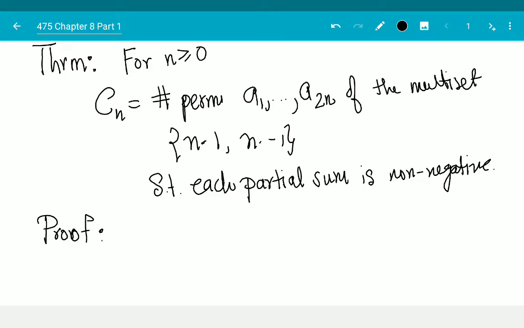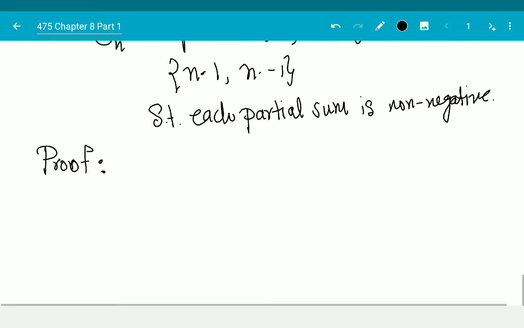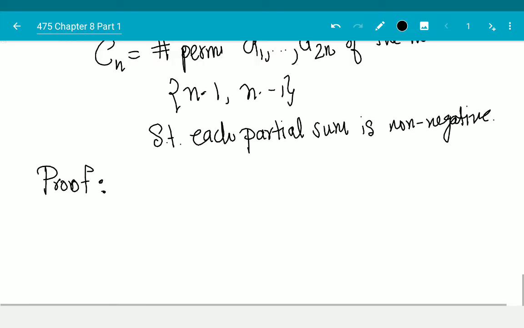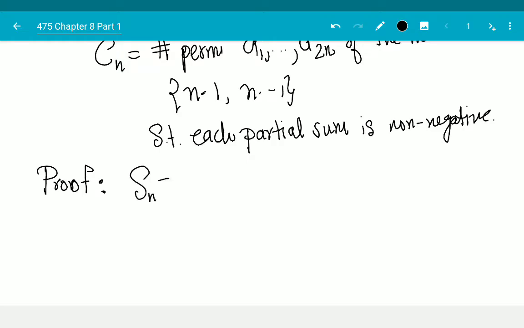Proof. Well, what we are going to do is look at all the sequences. S_n is equal to the set of all permutations, and by now you should know that the cardinality of S_n is, well, the set has n ones and n minus ones.